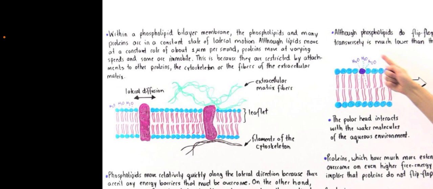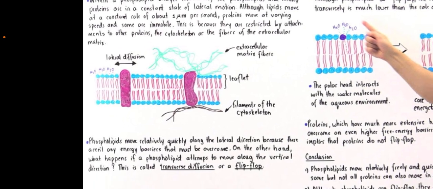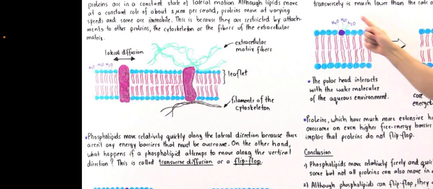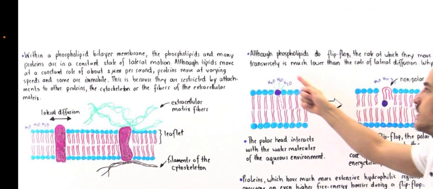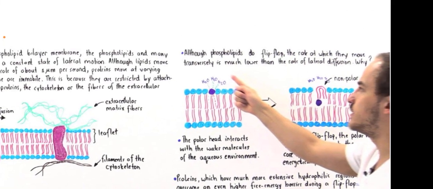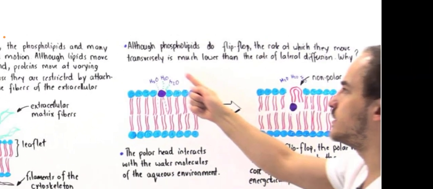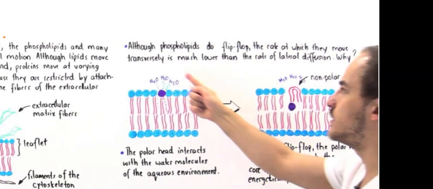So phospholipids move relatively quickly in the lateral direction because there are no energy barriers that must be overcome. On the other hand, what happens if a phospholipid attempts to move in the vertical direction? This is called transverse or flip-flop movement. The rate at which phospholipids flip-flop, moving transversely, is much lower.